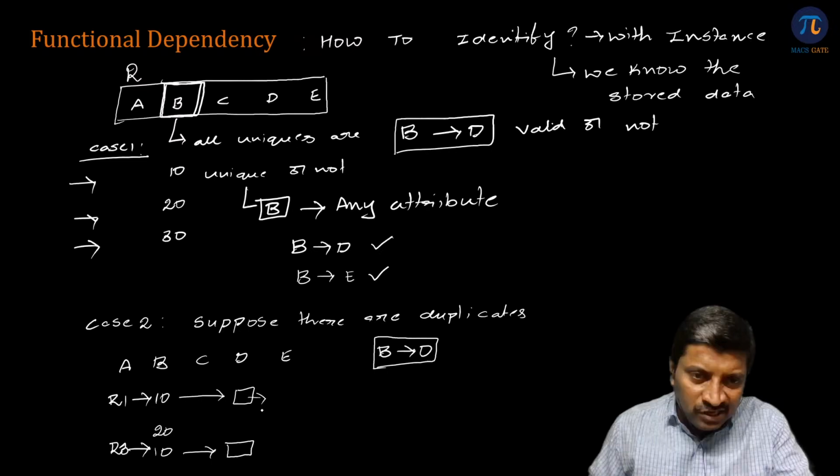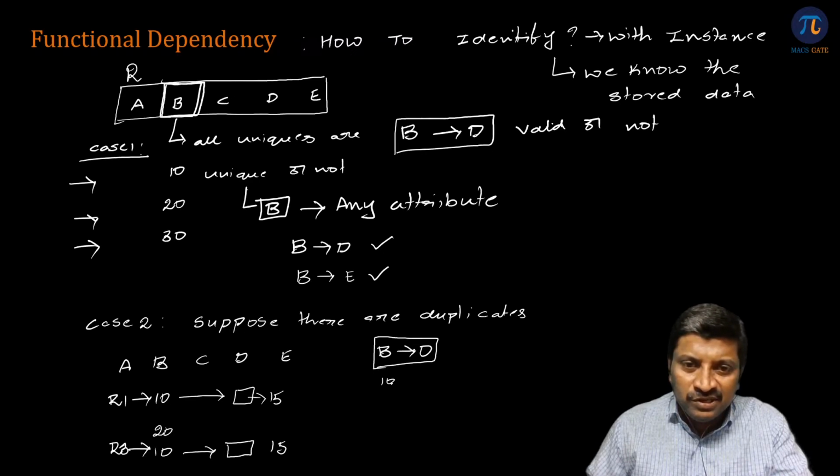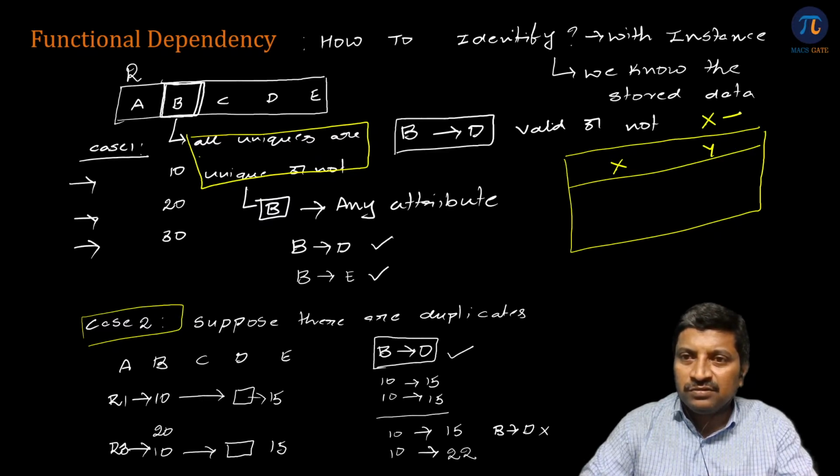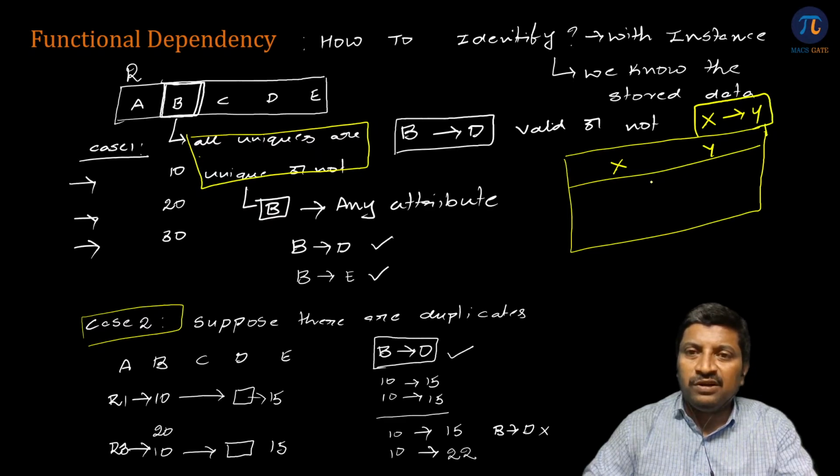For example, here I have 15, here also I have 15. That means there is a duplicate here, and I want to verify X goes to Y or not.